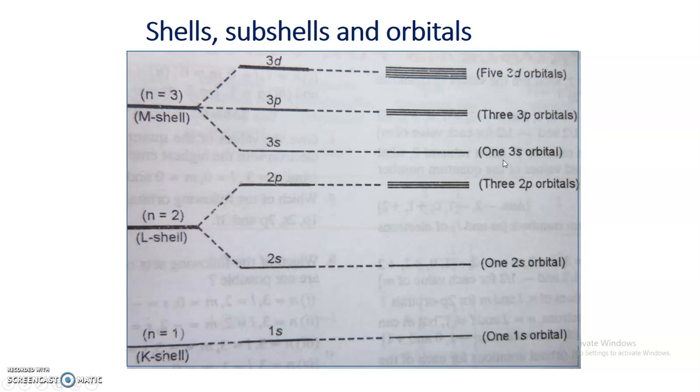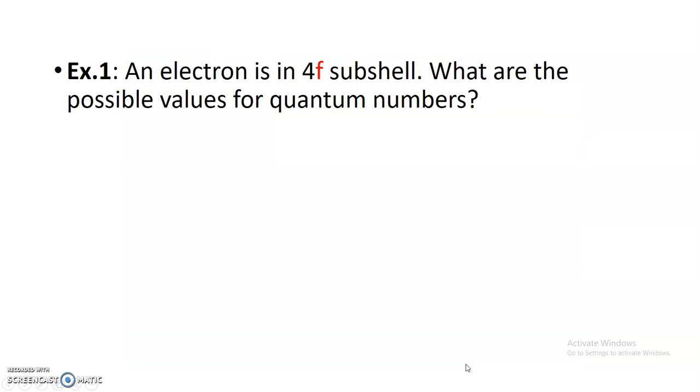Similarly, in the 3s subshell there is one orbital, that is 3s. In the 3p subshell 3 p orbitals are there, 3px, 3py, 3pz. And in the 3d subshell there are 5 d orbitals, 3dxy, dyz, dzx, dx square minus y square and dz square. And electrons are actually present in the orbitals.